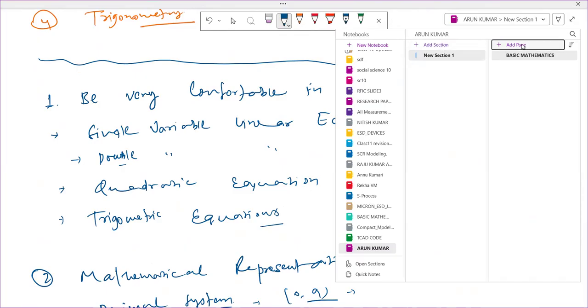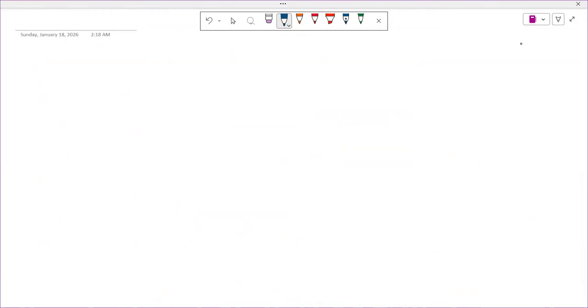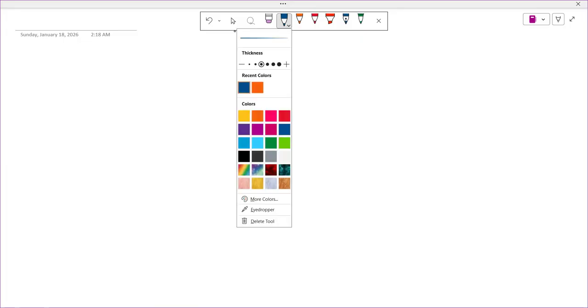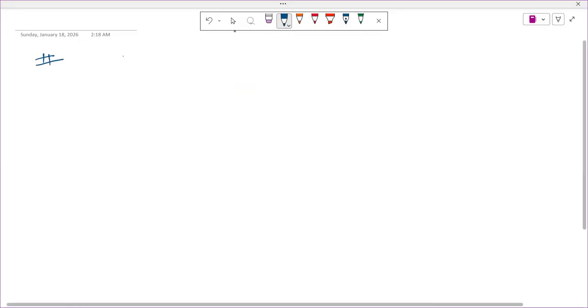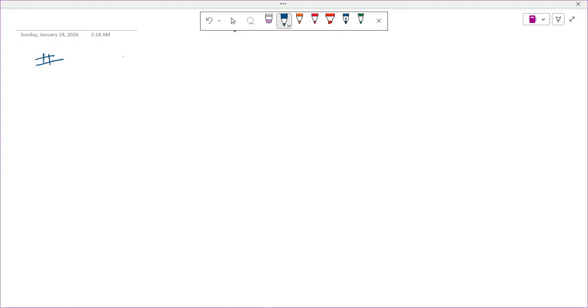Another page would be better. Here, what we should discuss, I think, is the representation of different ways of representing a number, and some rules to represent that.